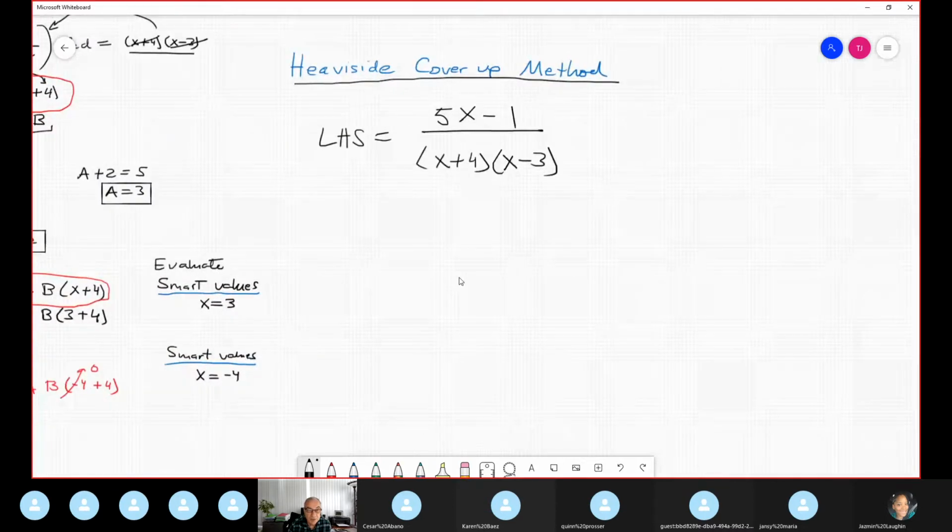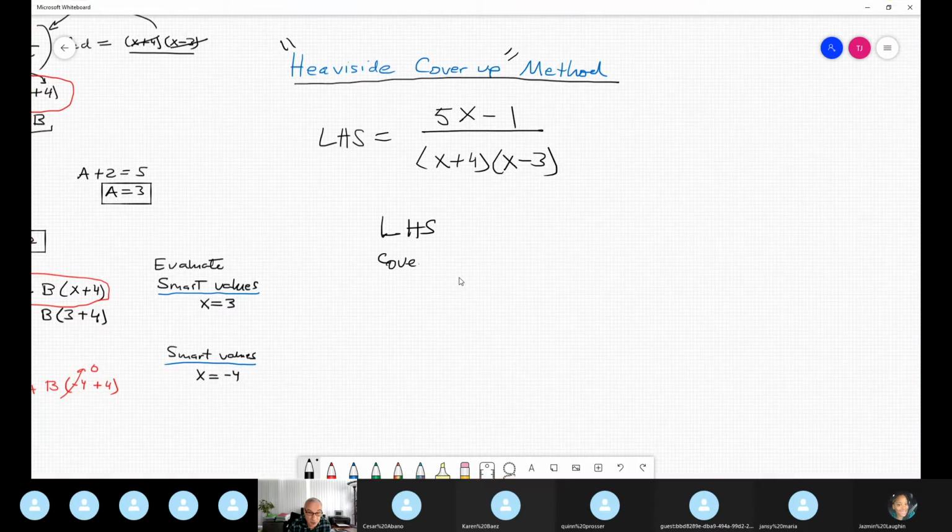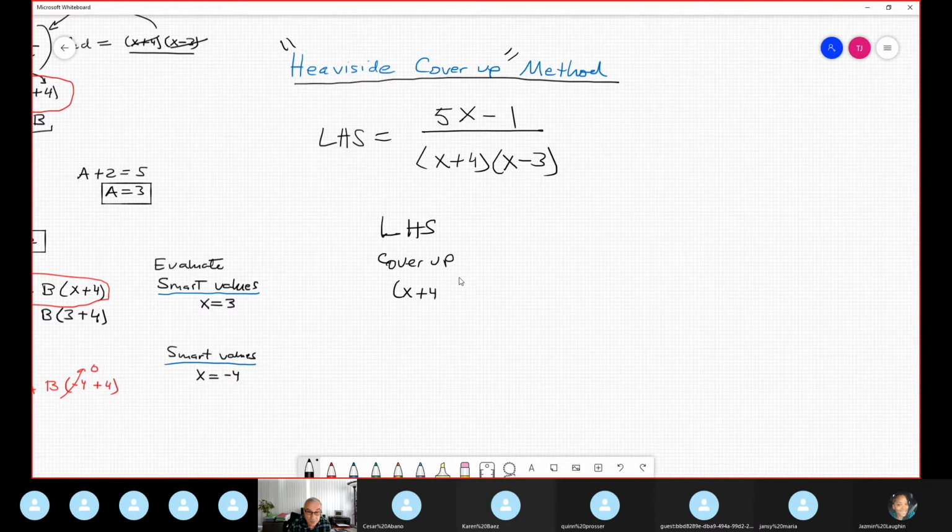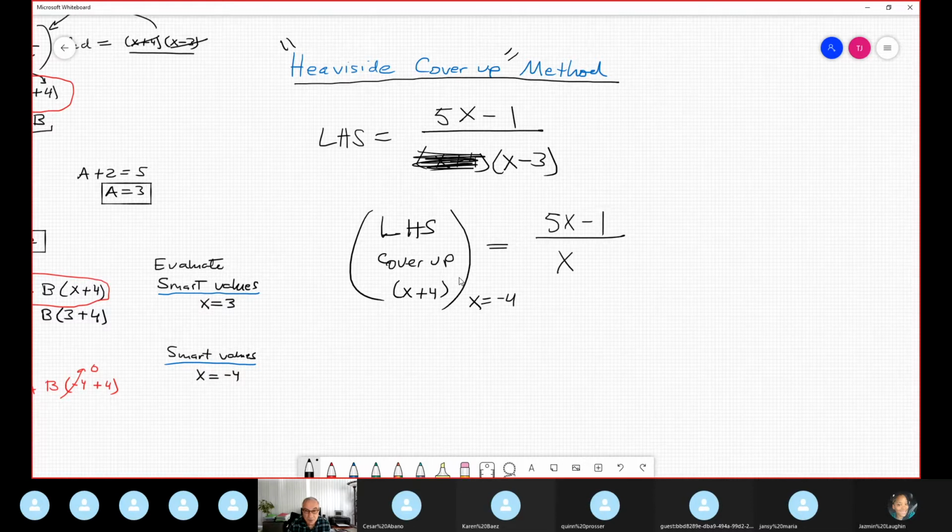So the formula for the Heaviside cover-up method is you take the left-hand side and you cover up, for example, the factor x plus 4. And you evaluate at x equal -4, the value associated with this. So when you cover up, what stays alive is (5x minus 1) over (x minus 3).